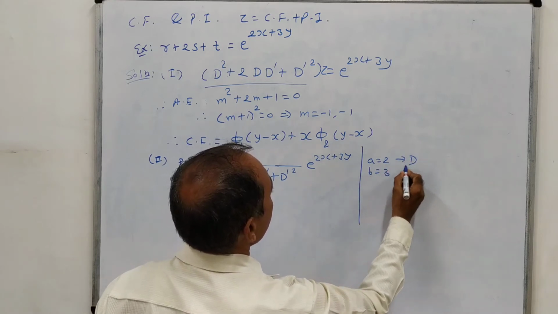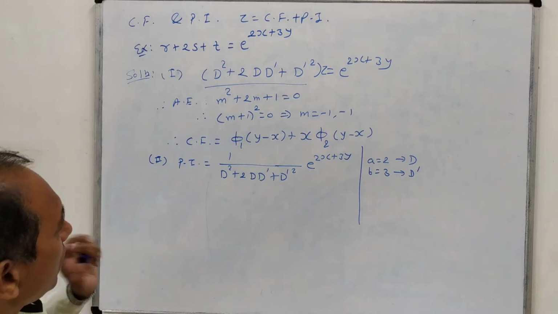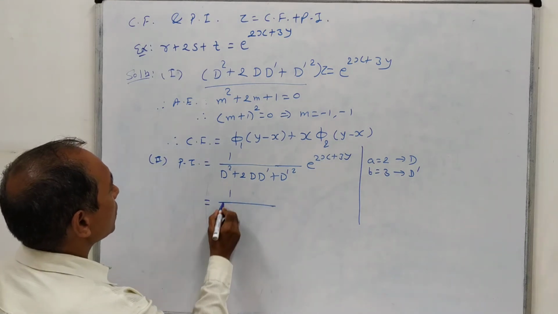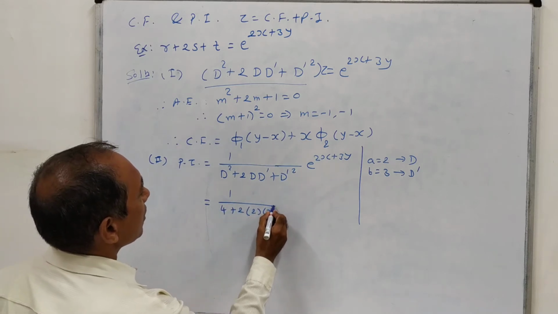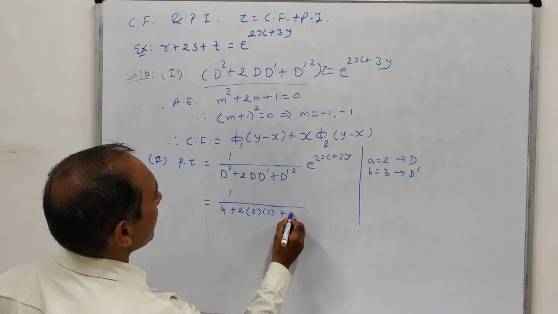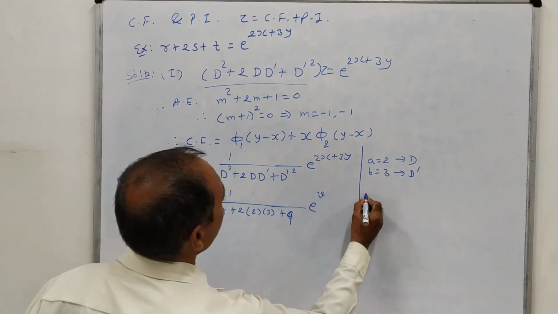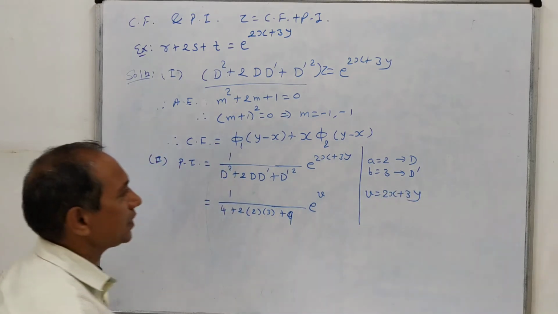So we replace D by a and D dash by b. So this is equal to 1 upon 2 square is 4, plus 2 into 2 into 3, plus 3 square means 9, into e raised to v, where v is 2x plus 3y. As usual we are assuming this.